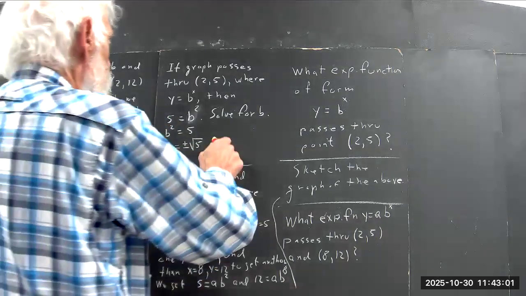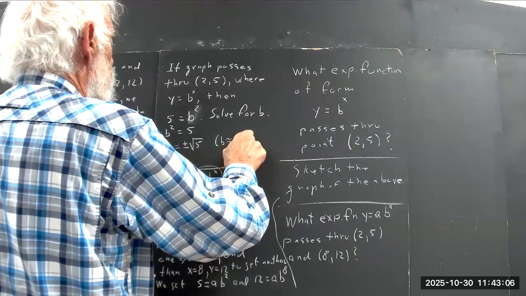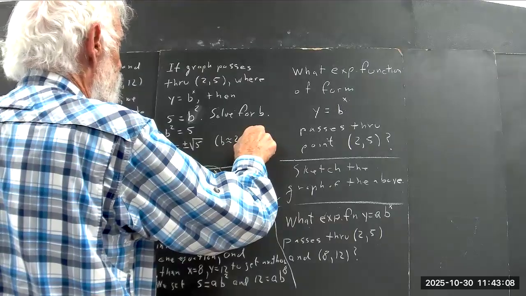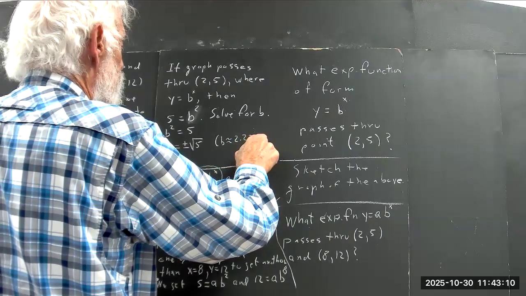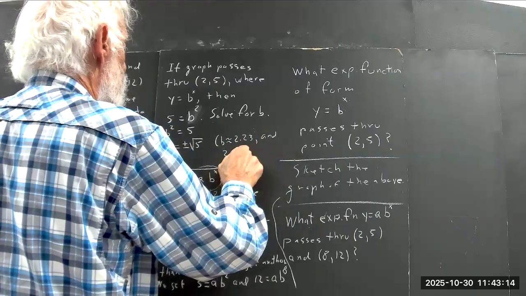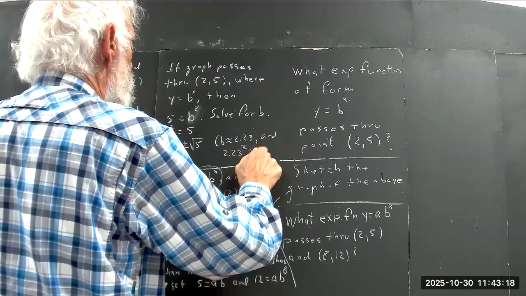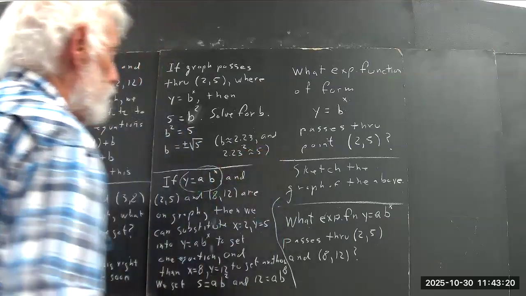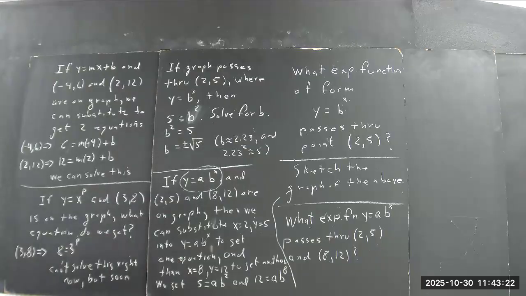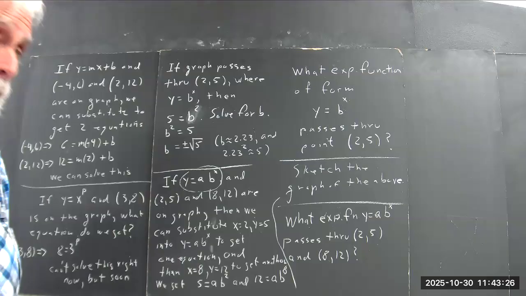I'll say b is approximately 2.23. And if you square 2.23, you're going to find out it comes out very close to 5.